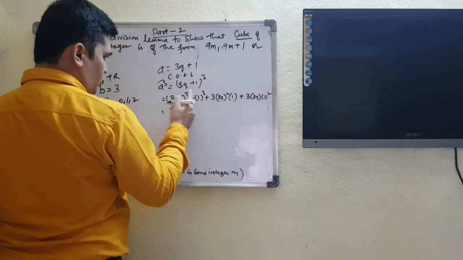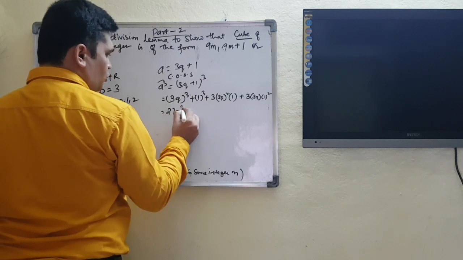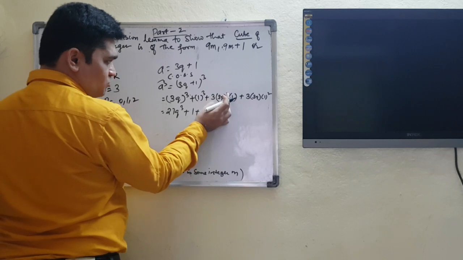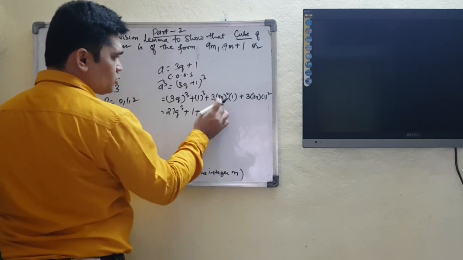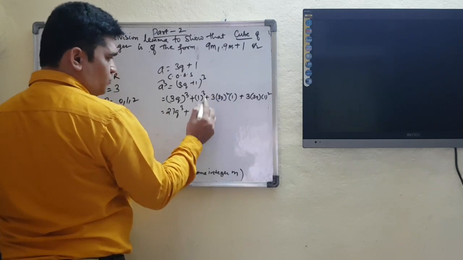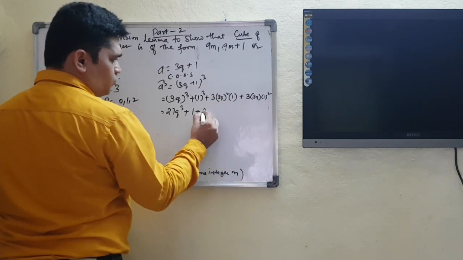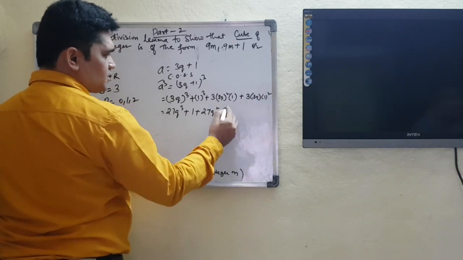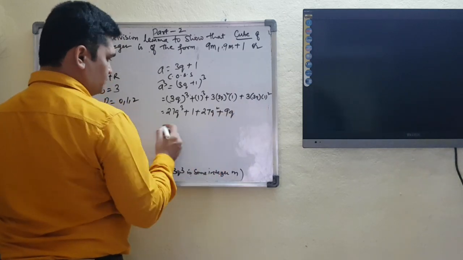Again expand, 3 cube is 27q cube plus 1 plus, first the square bracket term, it's square, right? So it will be 3q square, 9q square, 9 is 27, 27 into 1, 27q square plus 1 square is 1, 3 3s are 9q.